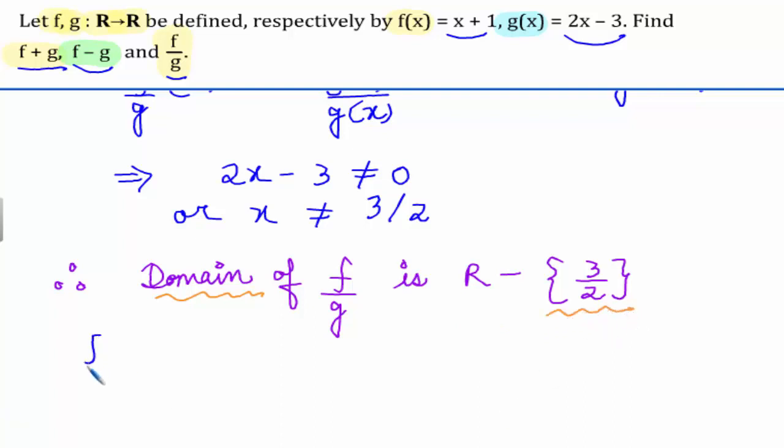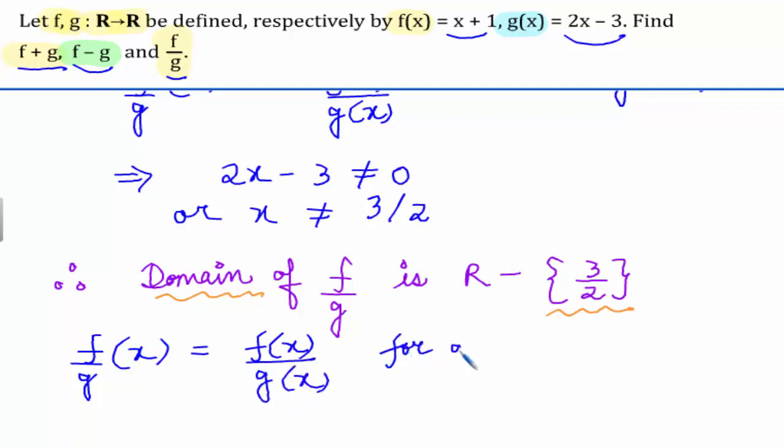Now, f by g of x is equal to f of x by g of x for all x belonging to R minus the set containing the element 3 by 2.